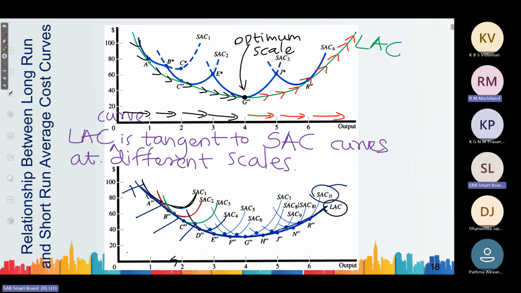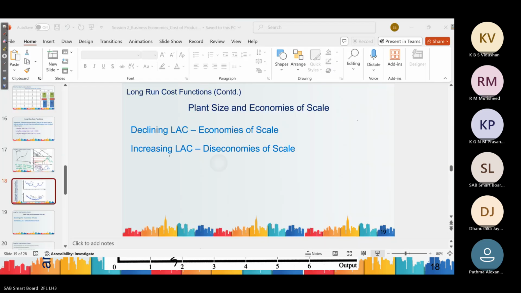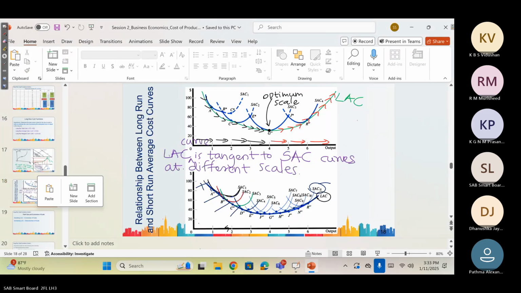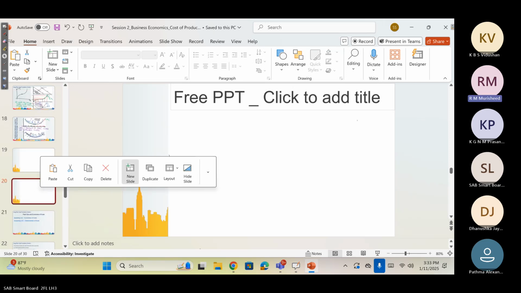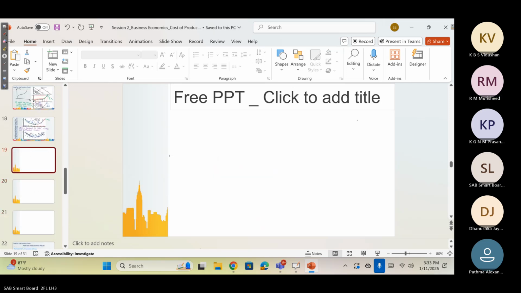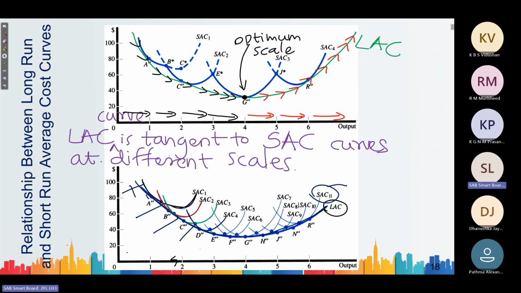Over this declining portion of the long run average cost curve, the short run cost curves are tangent to the long run average cost curve in their declining portions.